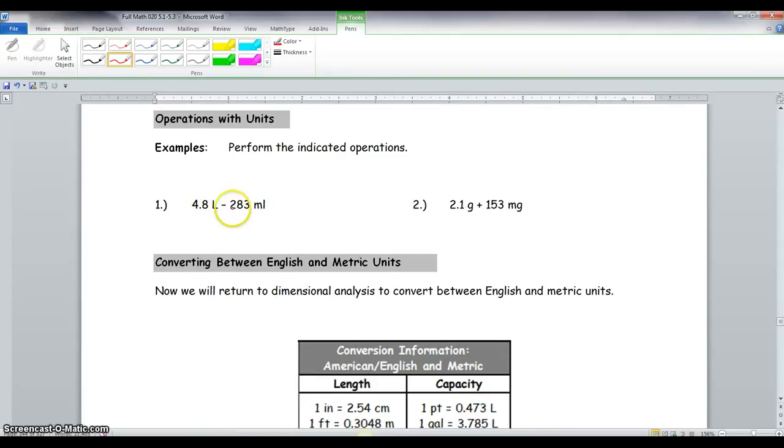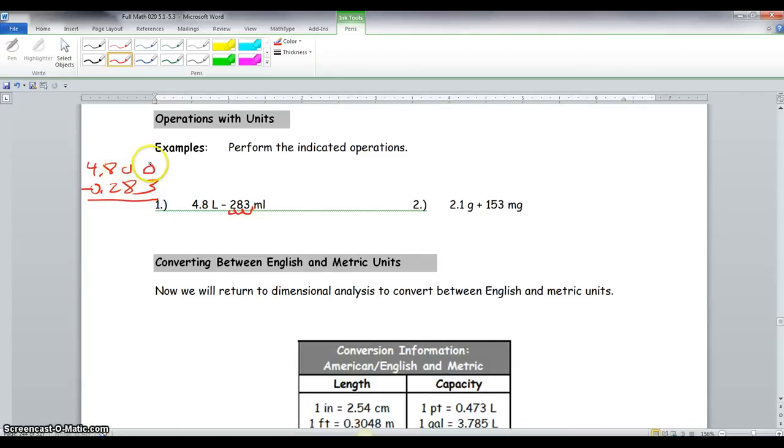Now, when you go from milli to the base, you move 3 places to the left. Well, it's not showing up, but 1, 2, 3. So we could write this over here to the side. We have 4.8 minus 0.283.